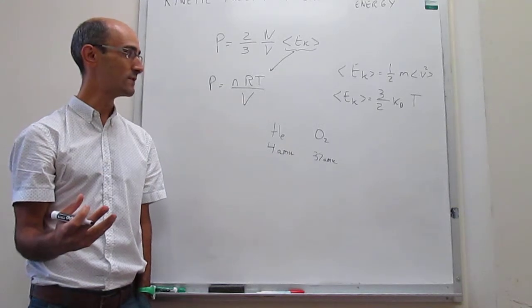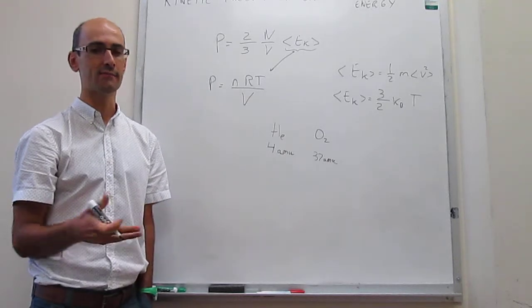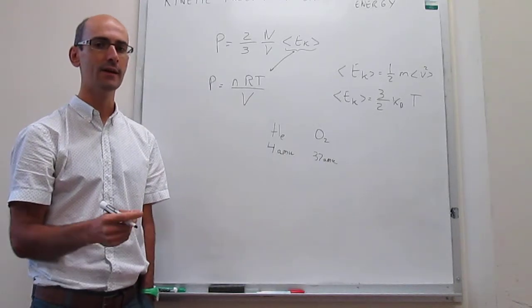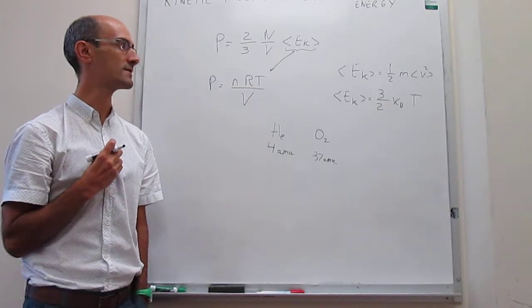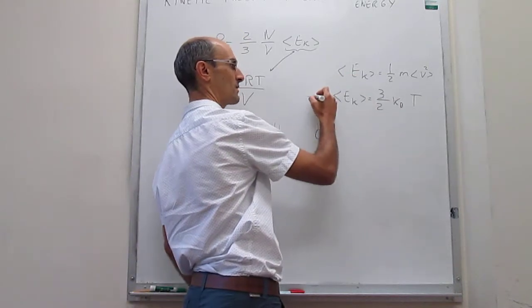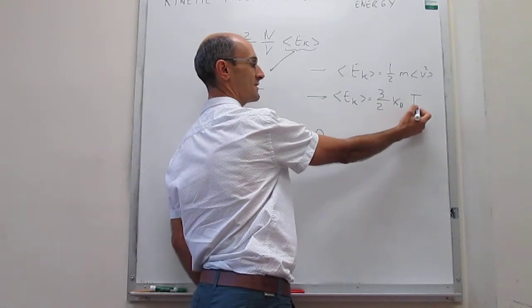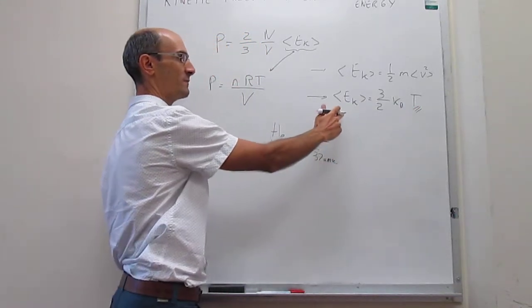However, when you think about a collection of these two gases at the same temperature, say 300 Kelvin, the average kinetic energy is the same for both gases. Let's see if we can reconcile that. We have two expressions for the kinetic energy. If the temperature is the same for both gases, then the kinetic energy should be the same.